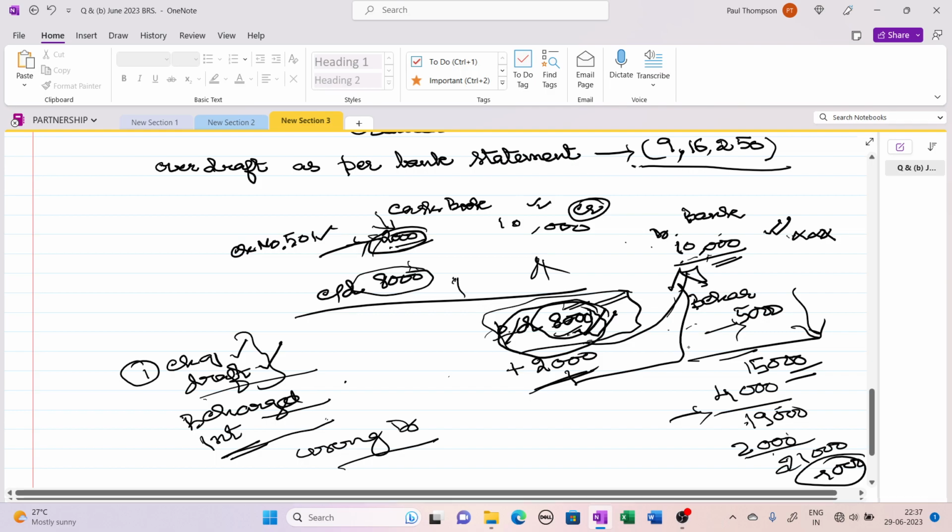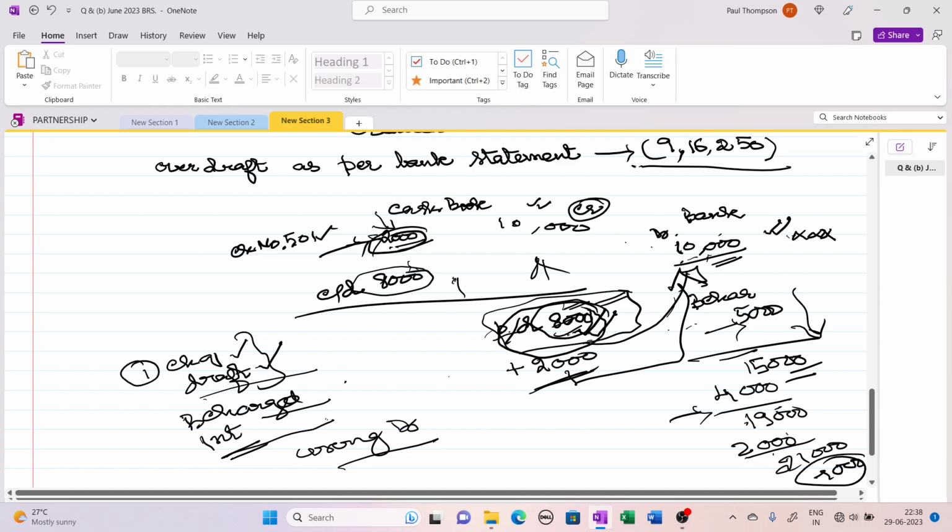Any bill paid by the bank, any insurance claim paid by the bank as per standing instructions, any bank charges deducted, any interest debited, or any check deposited or draft deposited not yet credited will increase the overdraft in my bank statement.